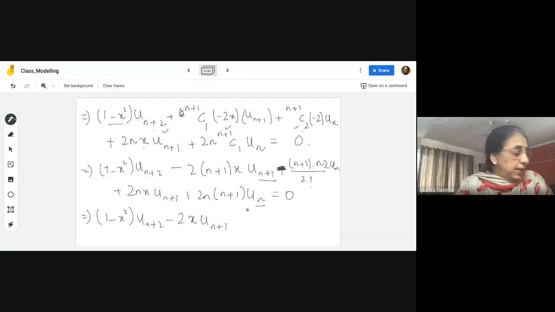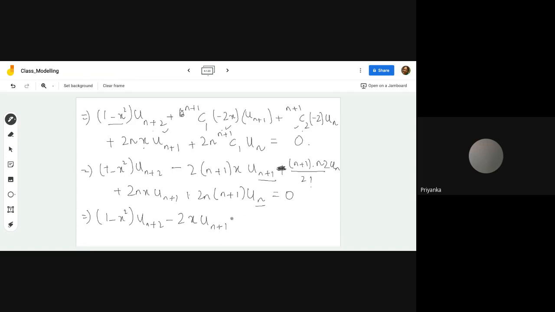And what will be the coefficient of u(n)? n into (n plus 1) u(n).